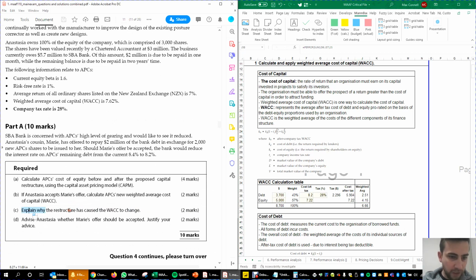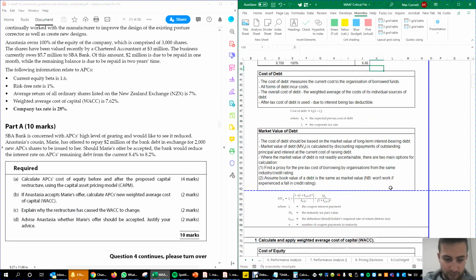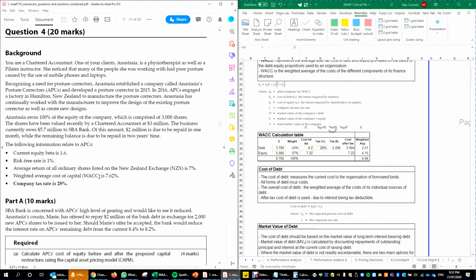Okay, for part C, explain why the restructure has caused the WACC to change. Well, this is just testing your understanding of how the formula is actually working. First of all, the WACC has been reduced. It's down to 6.66%. This is down from 7.62% in the question originally.